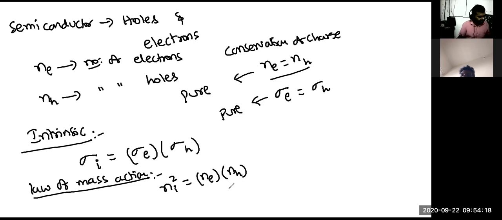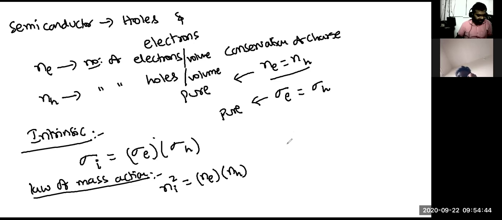That is Ni square is equal to Ne into Nh, where Ne is the number of electrons per unit volume and Nh is the number of holes per unit volume.